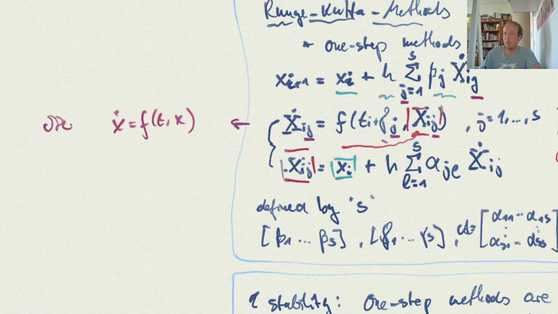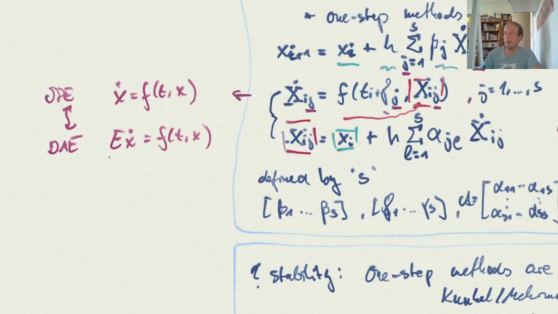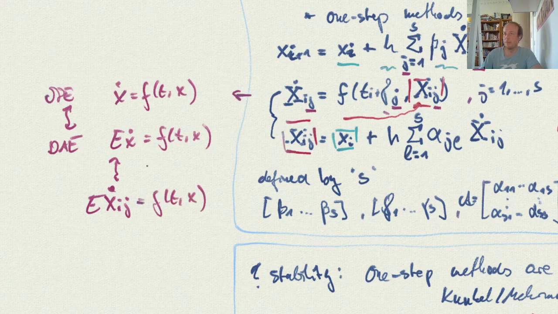So this is ODE, and now we go to DAE, and there we actually have E x dot as f of t, x, so this can be a DAE. And this then means that for the stage derivatives we do the same: X_ij dot, so we just add the E matrix here, as f of t, x.